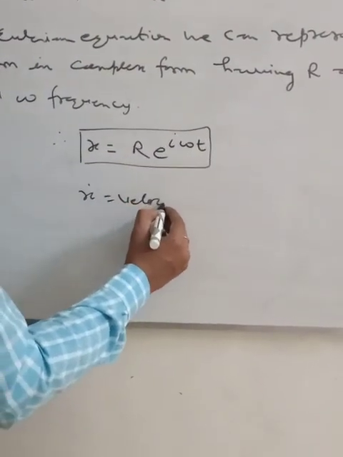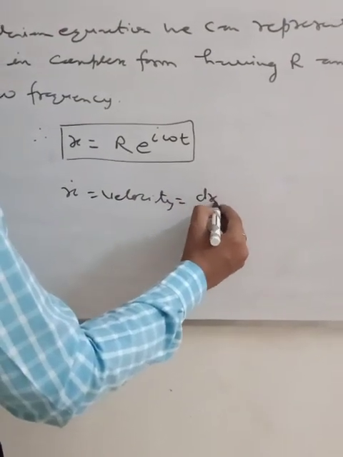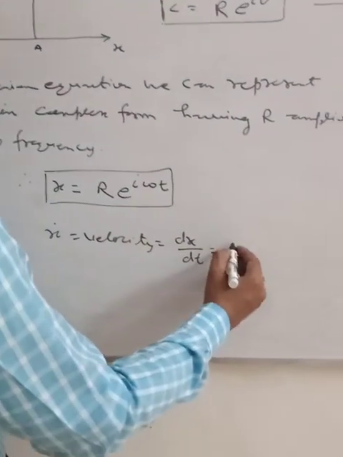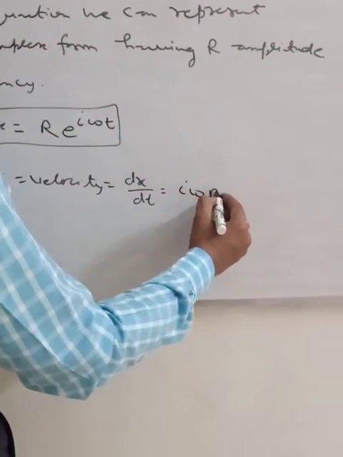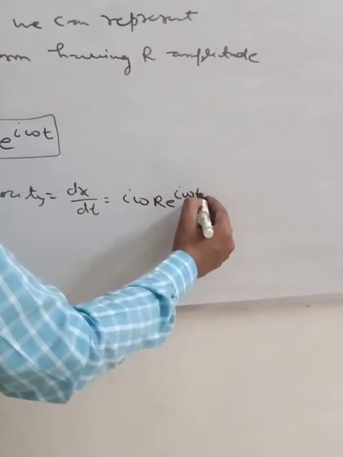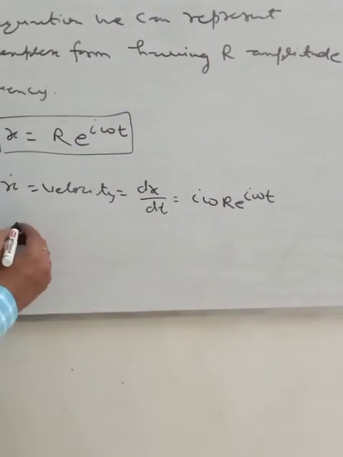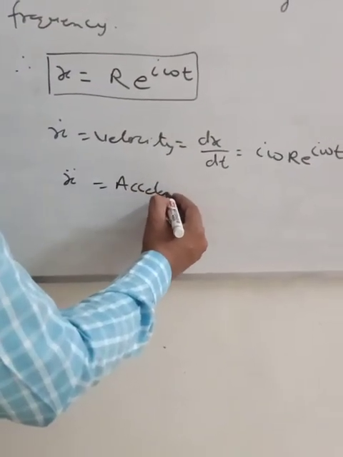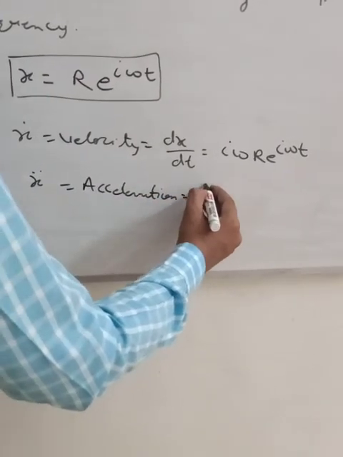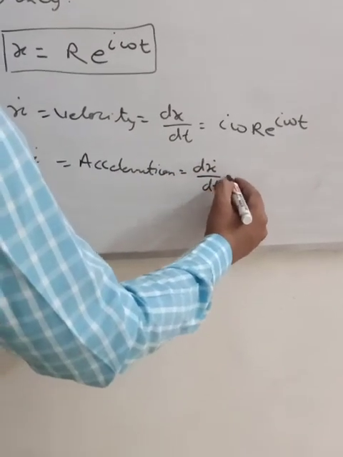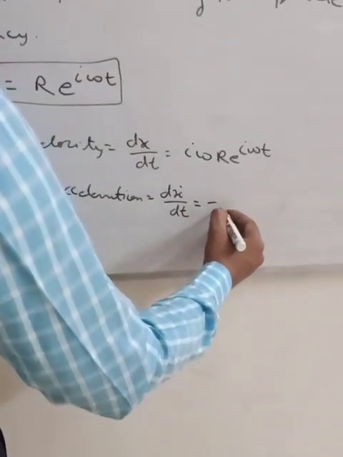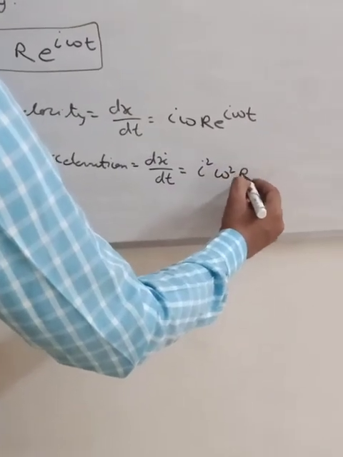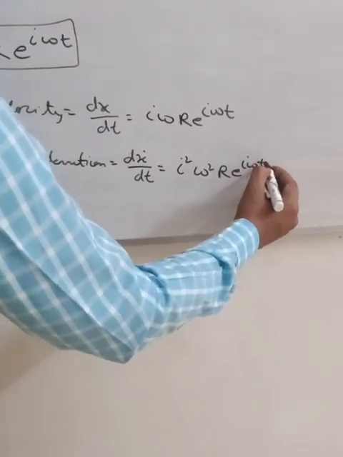Velocity is equal to the first derivative of this, which is iota omega R e^(iota omega t), or x dot. Acceleration x double dot is the derivative of this velocity, which gives minus iota square omega square R e^(iota omega t).